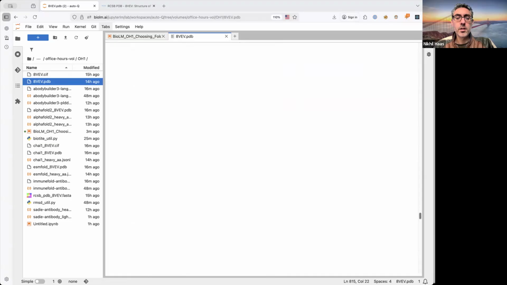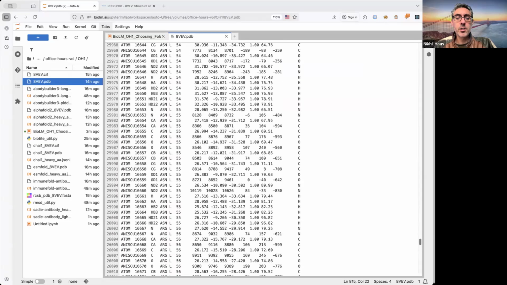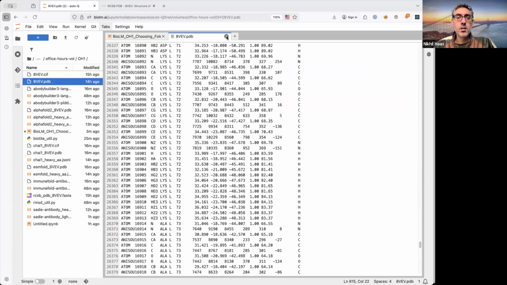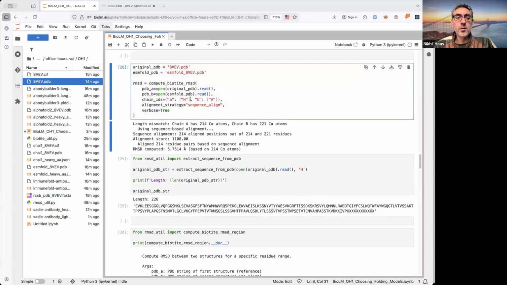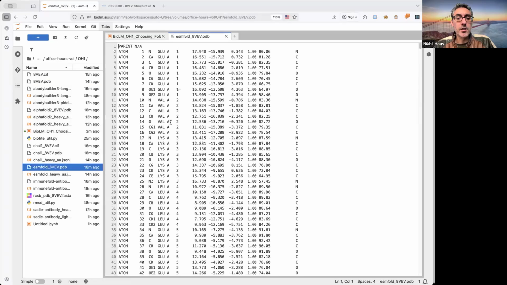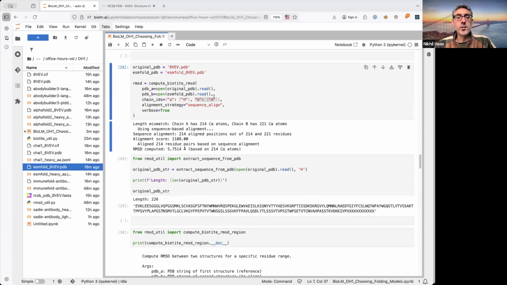A, B, C. Oh, there's H. Okay, so it's H. And so that's why we have for PDB the parent H, and then for B, remember ESMFold predicts as chain A. Okay, so if we do an RMSD there, we get an RMSD across the full sequence of 5.75 angstroms.